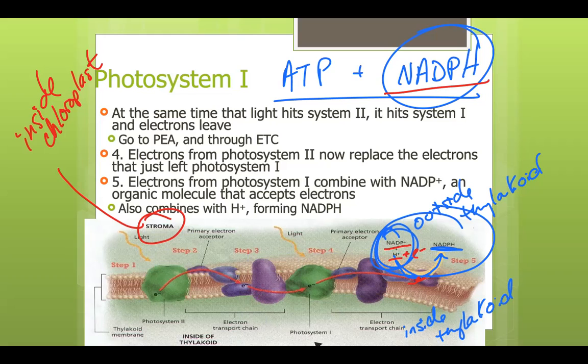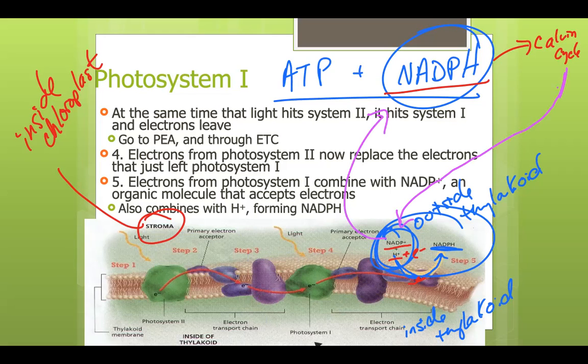So the NADPH is going to go to the Calvin cycle, which in turn is going to produce those two things, NAD plus and hydrogen. Then they come to electron transport, and they're going to reproduce. So you see how it's a continuing cycle.